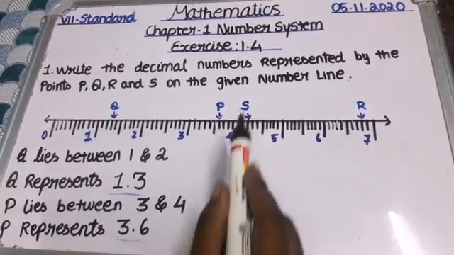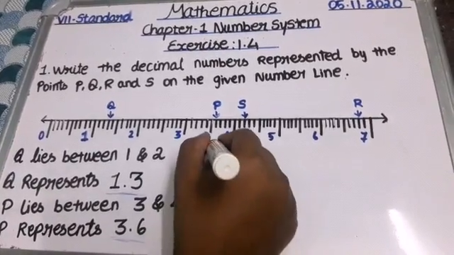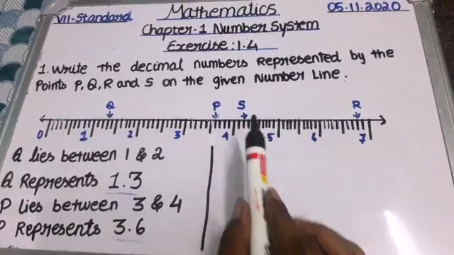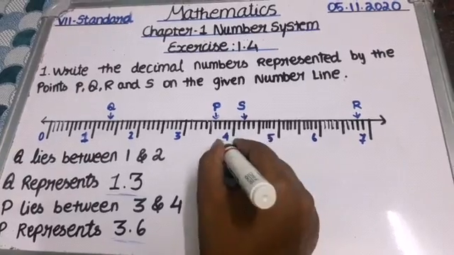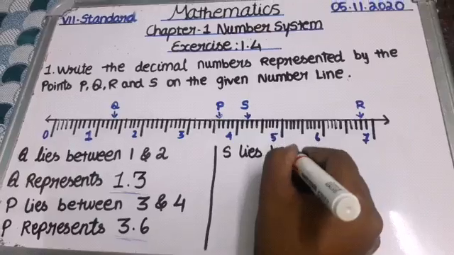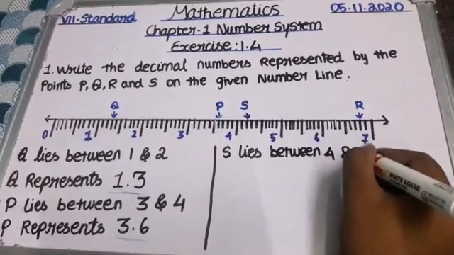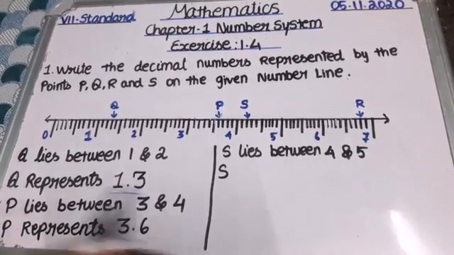Following this we can identify S and R. Okay. So what is the S? S lies between 4 and 5. Good. So S lies between the line of 4 and 5. So S represents which decimal number?